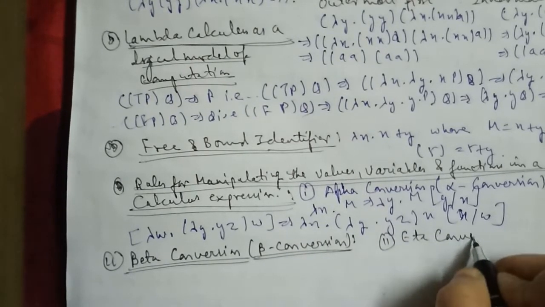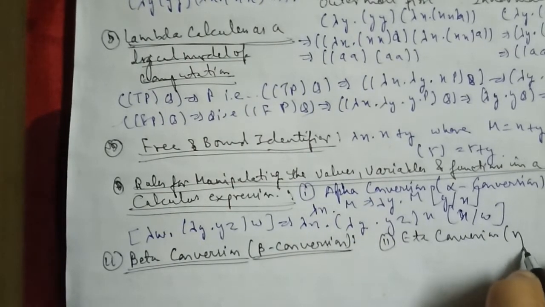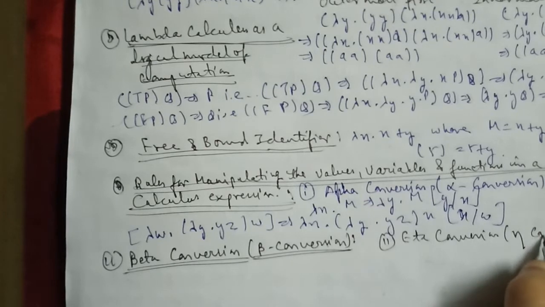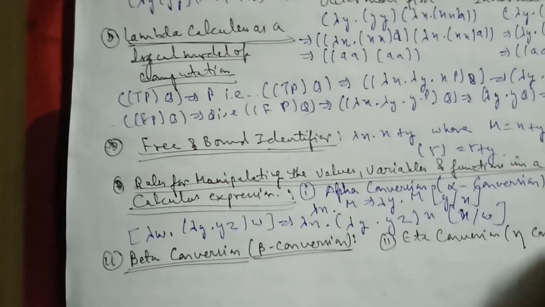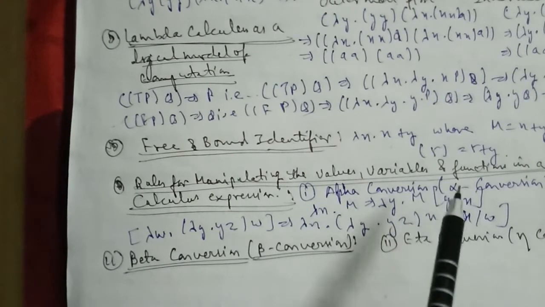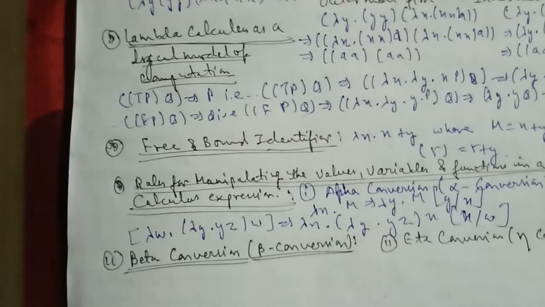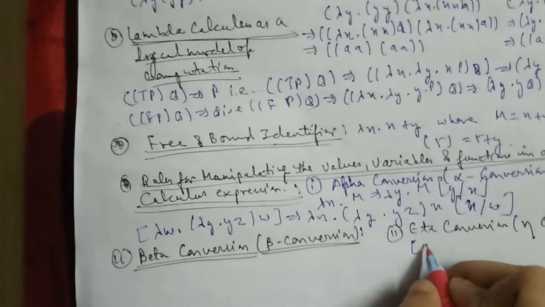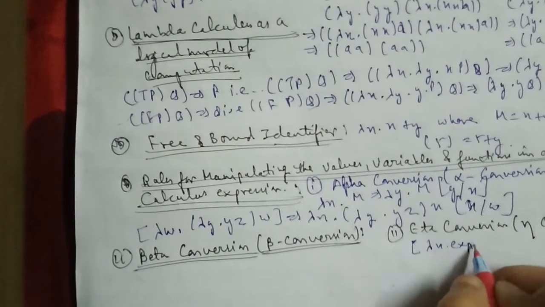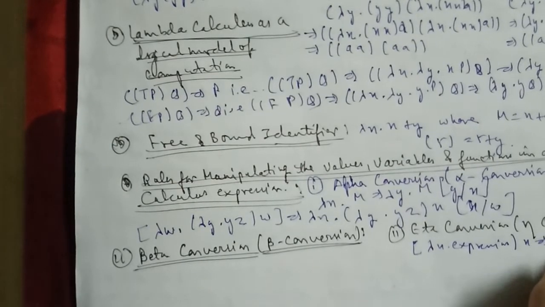Eta conversion, which is represented by the eta symbol, that is your n conversion. In this, it refers to eliminating the redundant lambda abstraction. This rule can be simplified to the form lambda x dot expression x tends to expression.